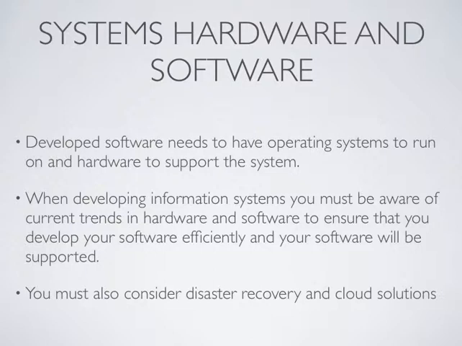So for example, if you're running an information system which is built for an Android operating system, you'll be programming in a certain language, you'll be looking at memory allocation based on the current handsets, etc. And then you need to ensure that when the system is implemented, it's implemented on the correct hardware. So when we're developing information systems, we have to be aware of the current trends of hardware and software and ensure that we develop the software efficiently and for the software to be supported ongoing.